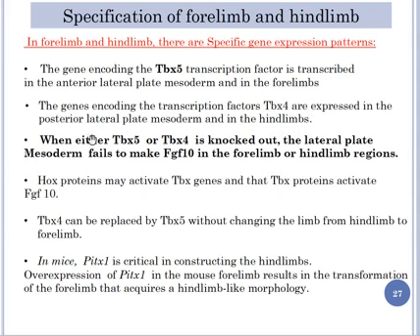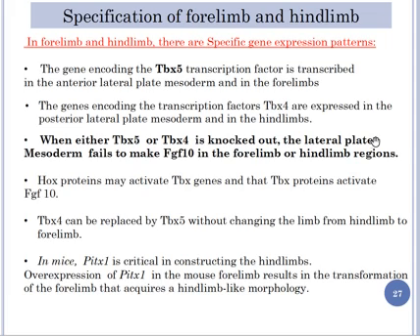So in order to know what makes the difference between the forelimbs and hind limbs in terms of gene expression, they tried many experiments. In one of these experiments, done in mice or in chicken, they make a knockout, meaning a mutation, for either TBX5 or TBX4.